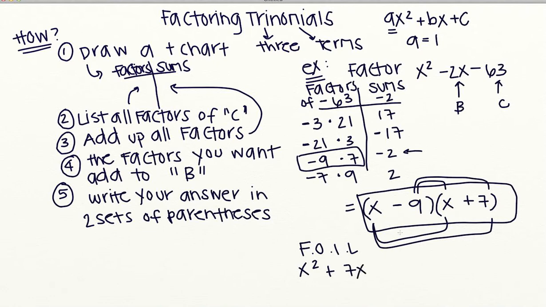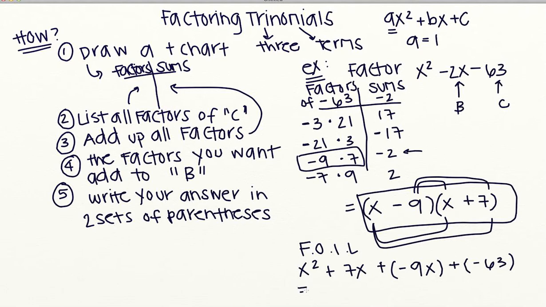Multiply our inner terms together is negative 9 and x. So I'm going to put a plus, but I'm going to carry that negative because I have a negative 9x. And then we multiply our last, negative 9 times a positive 7 is a minus 63. And you'll notice I like to write a plus and then do my minus. Signs can be really confusing, so I just give myself some time to work them out.